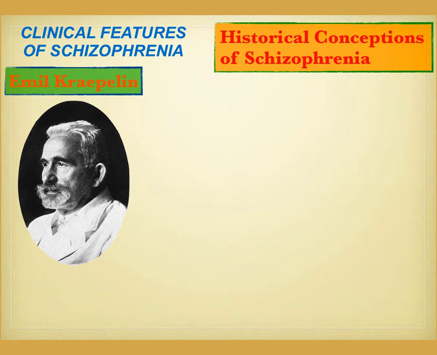He thought that there was a disease process, although he did not know exactly what the process was, but it was a deteriorating kind of experience. Much of what he described, things like hallucinations, delusions, odd motor behavior, are still typical in the description of what we describe as schizophrenia today.